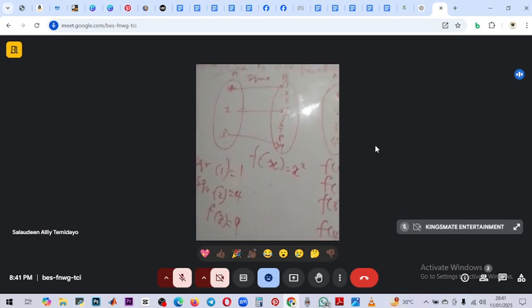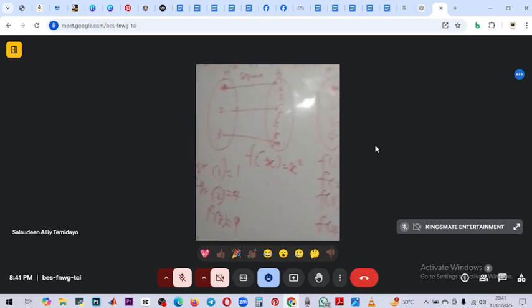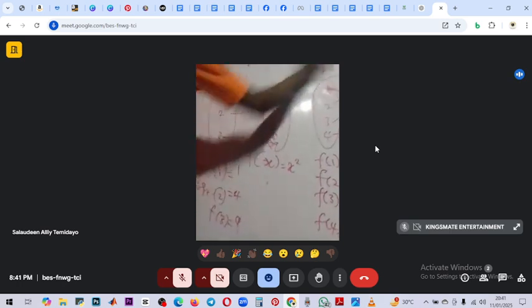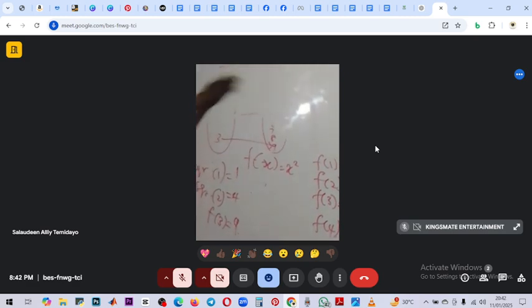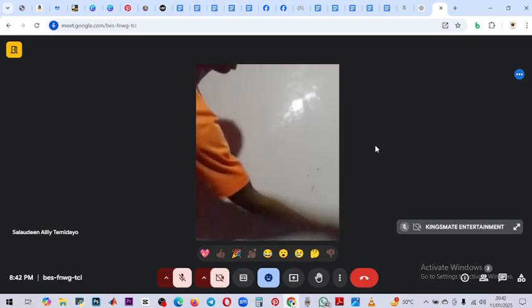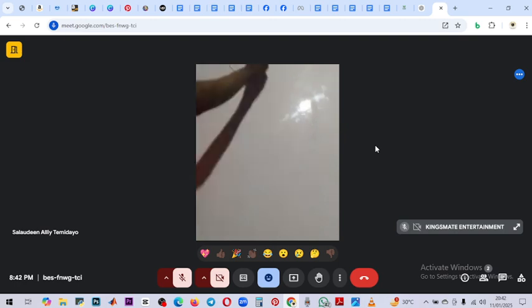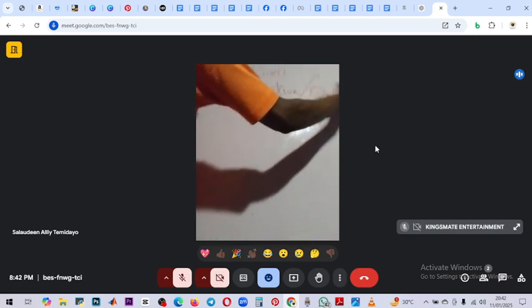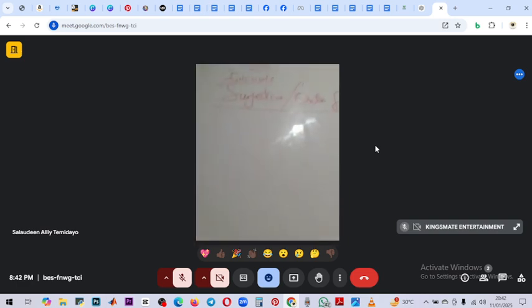So what is the second type now, which I'm going to mention? That is the surjective function, or onto function, or onto mapping. We call it a surjective or onto function.